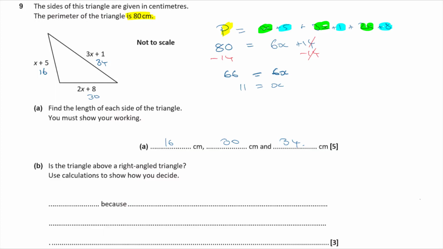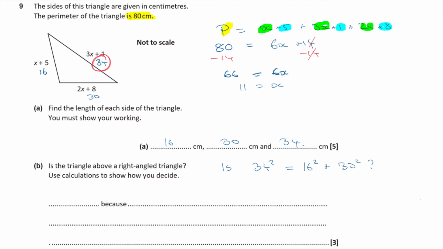Well, if it was a right angle triangle, then the 34 is going to be the hypotenuse, isn't it? Because that's the longest side there. So is 34 squared equal to the other two squared, 16 squared plus 30 squared? Is that true?